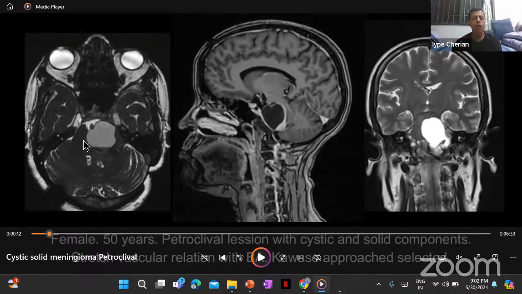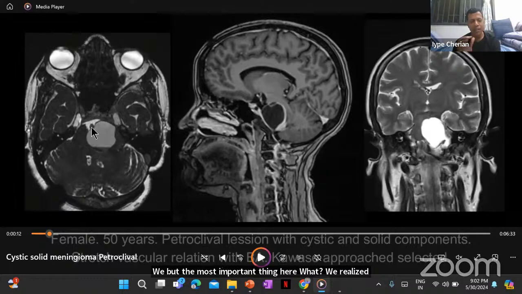But the most important thing here, what we realized, and we've had mistakes, is you can see there's a vessel there. It is the basilar, but more importantly, what is there is a small nubbin from this vessel, and that indicates a perforator.